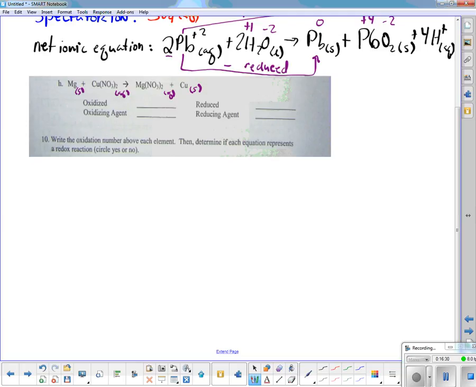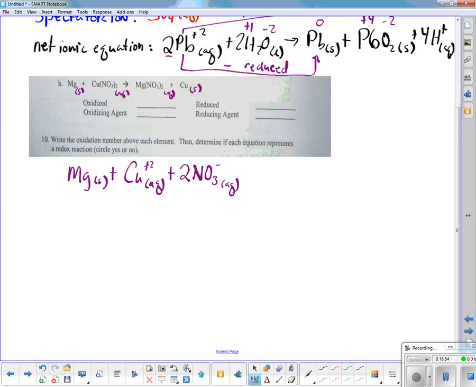Right? So going through, magnesium as a solid plus copper nitrate's going to split. We're going to have Cu plus 2 because nitrate is a -1 and we needed 2 nitrates to balance it. AQ because it's an ion plus 2 nitrates that are each -1 as AQ.